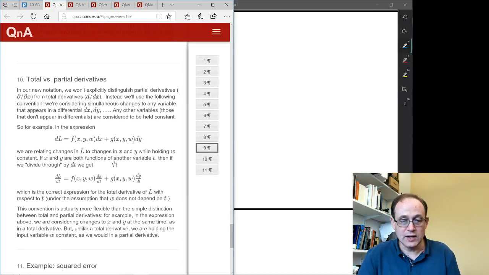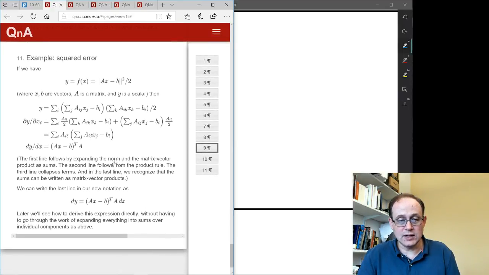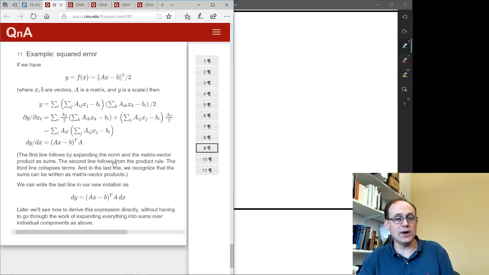All right. And so we had an example of squared error. If we have a vector b in some vector space and a linear operator A, we could try and find the x such that the norm squared of Ax minus b is as small as possible.